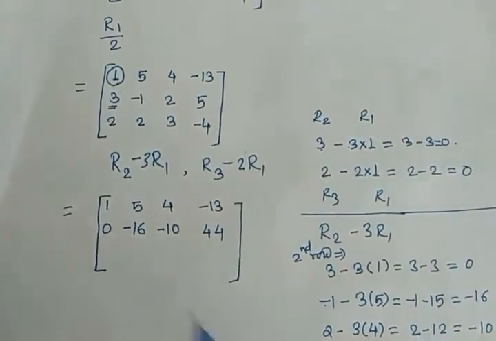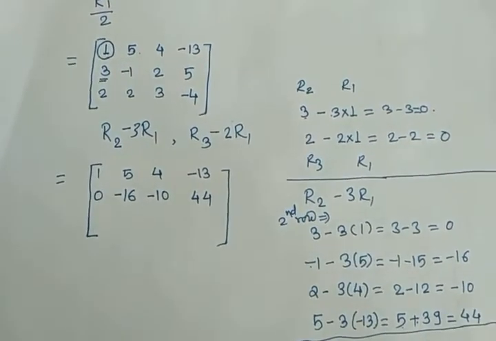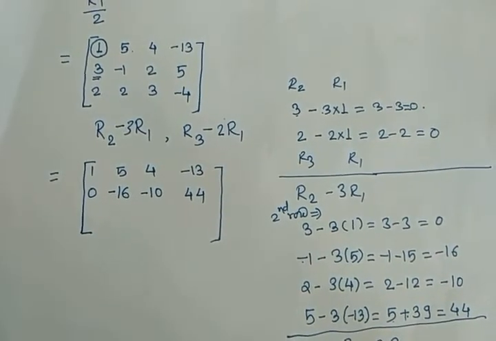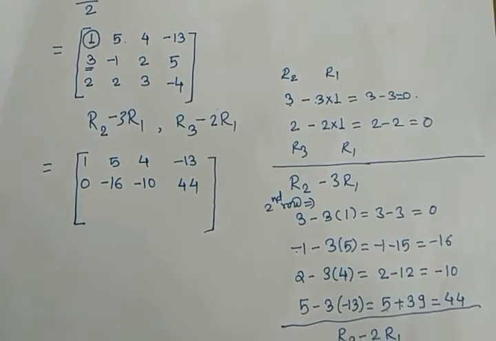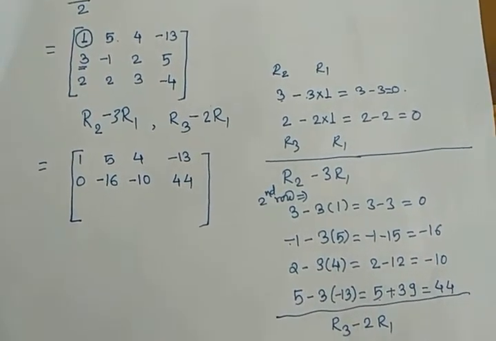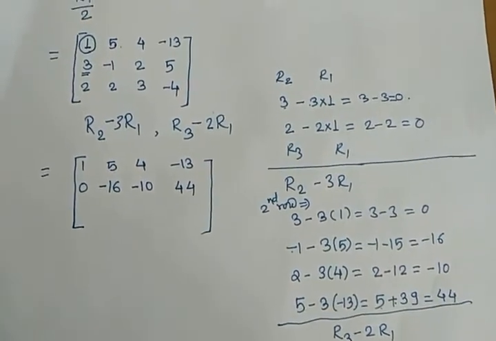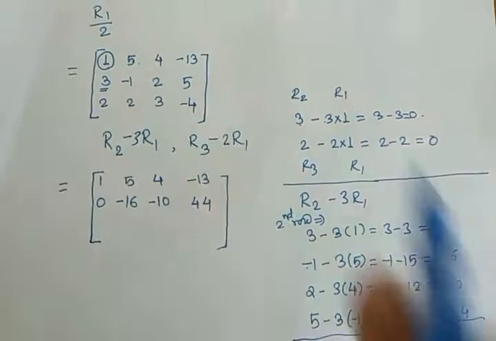Now again, the second element is 2 and here it is 5, which is 2 minus 2 into 5, because this 2 remains constant, which is 2 minus 10, which is equal to minus 8. Okay, next it is 3 and 4.